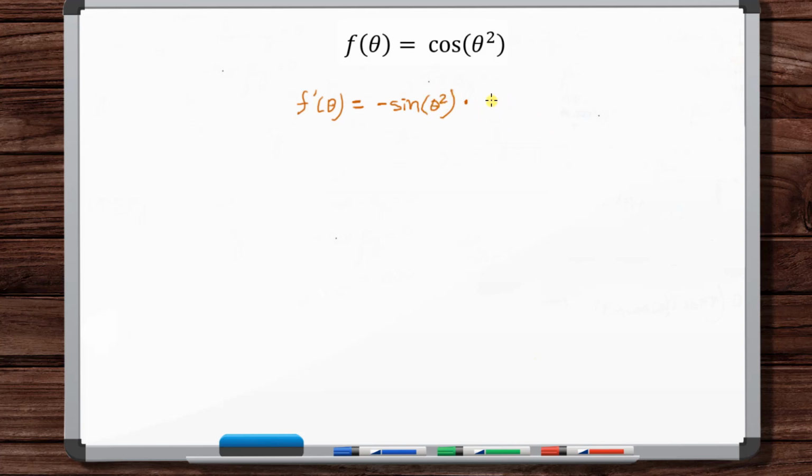The derivative of theta squared with respect to theta is 2 theta. Okay, so f prime of theta, just write it, that's your derivative, but just put it in the cleanest form that you can. Bring the theta to the front. There you go.